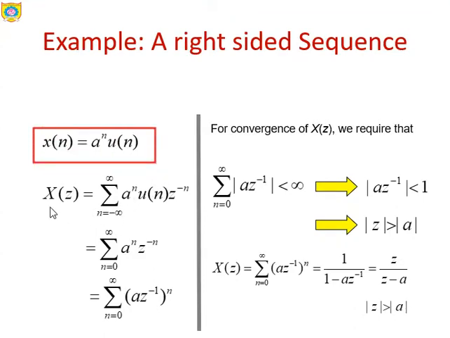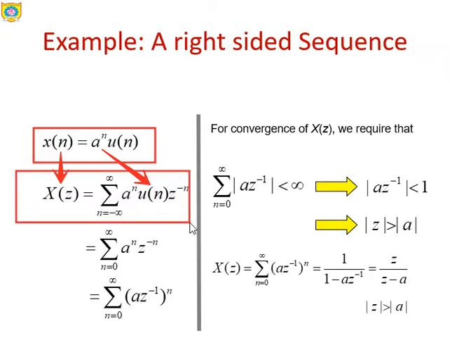So X of z, the Z transform of x of n, will become the summation of a raised to n u of n, taken as the value of x of n, times z raised to minus n. Just compare it with the definition of the Z transform, where the summation varies from minus infinity to plus infinity.